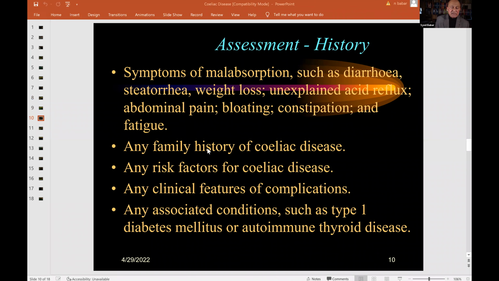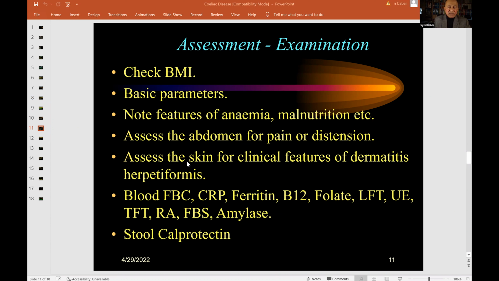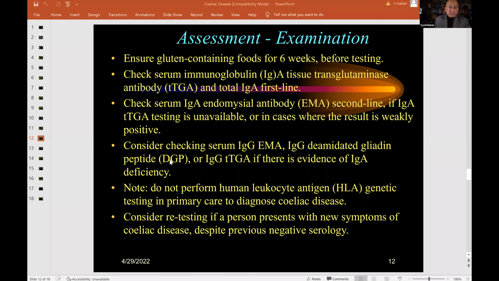Serological tests basically show up with a very strong reliability. And the main one is to check the total IgA level in addition to tissue transglutaminase and antibody level. And if this is risen, and if IgA is normal or risen, the diagnosis of celiac disease is confirmed.